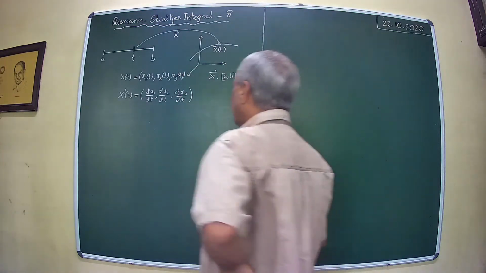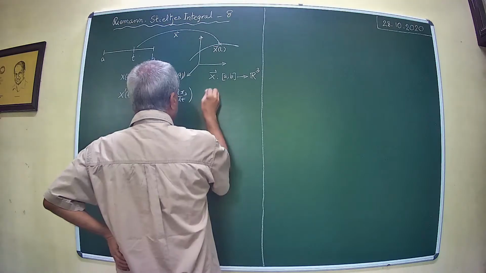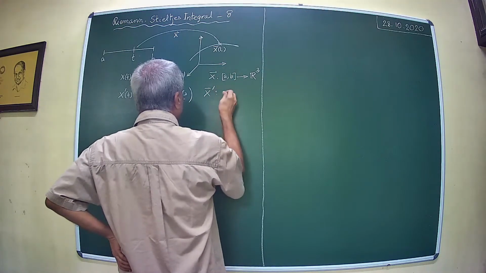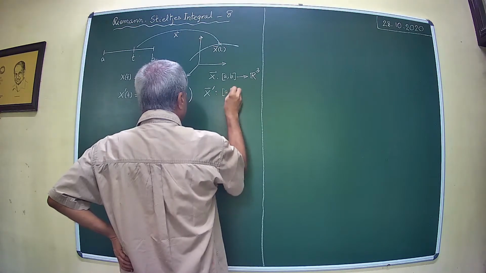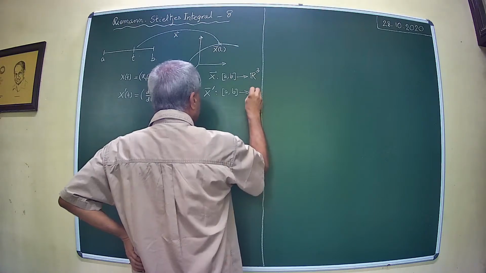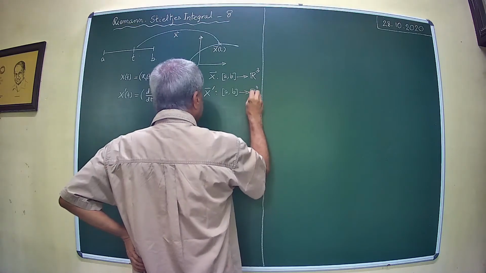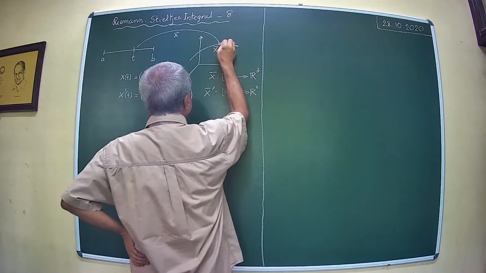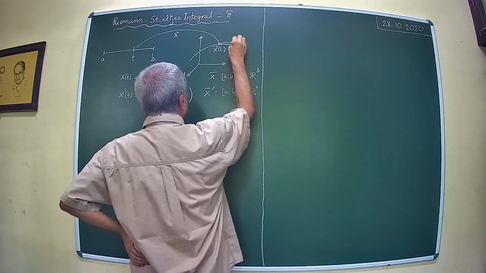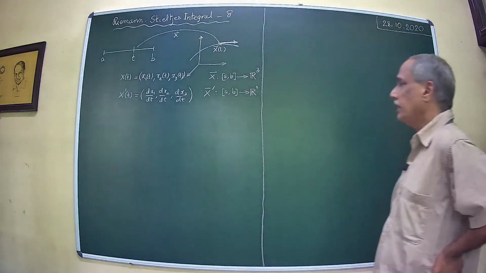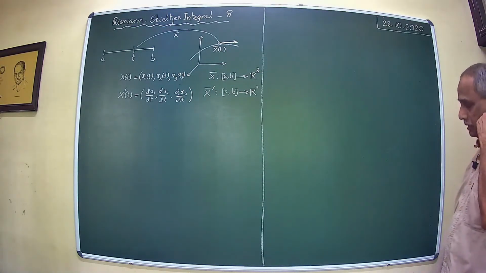Then you see that x prime is also a map from AB to R3. And you see that this x prime at the point x of t corresponds to what is called the direction ratios of the tangent vector.